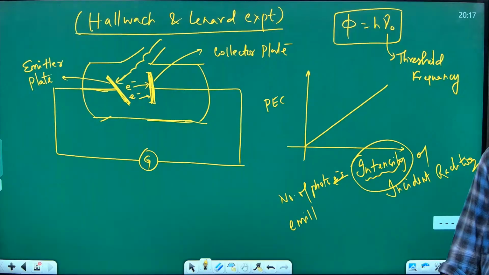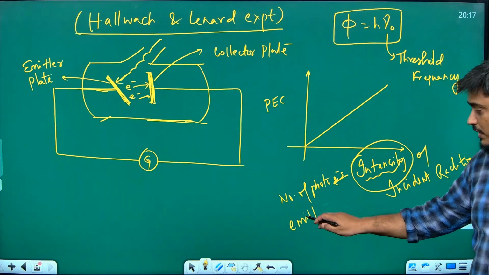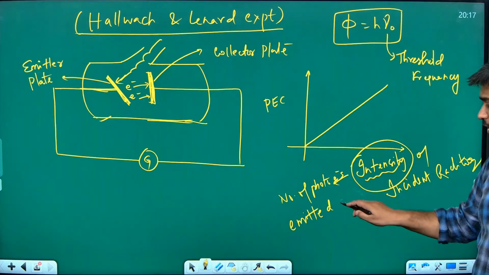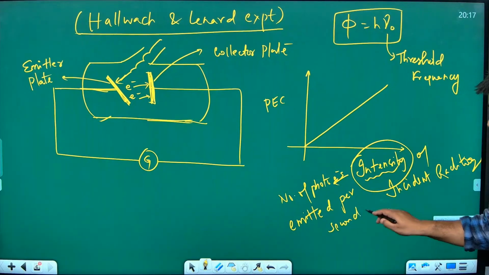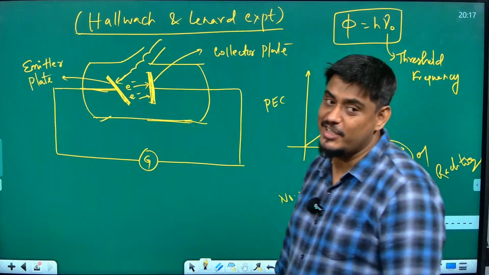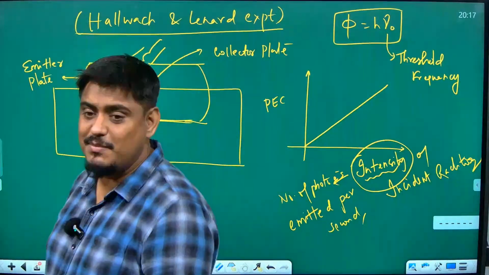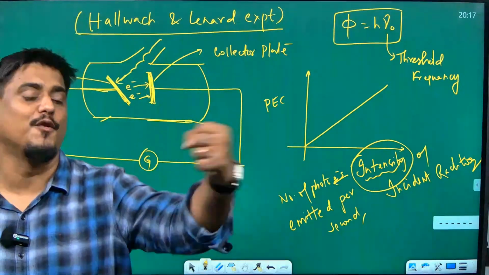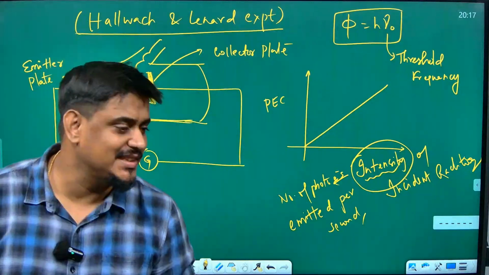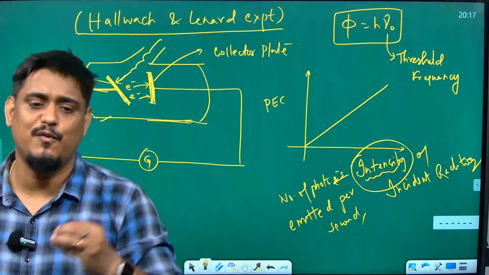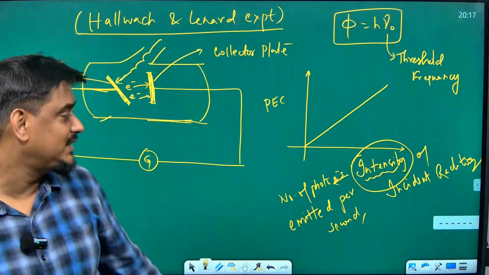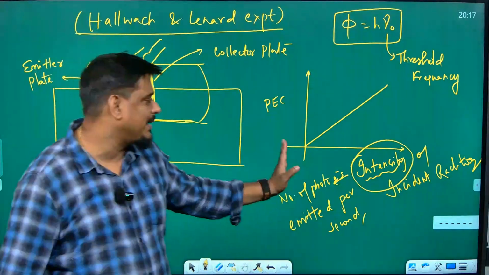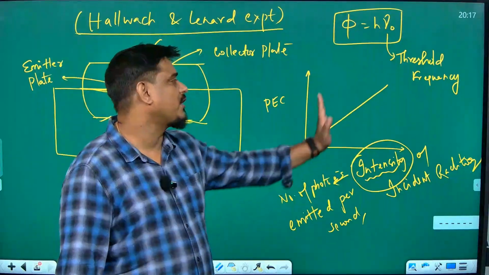Very important. See, keywords are damn important here. The number of photoelectrons emitted per second is controlled by whom? It is controlled by the intensity of the radiation. More intensity means more photoelectrons emitted, and less intensity means fewer photoelectrons emitted. And since more photoelectrons are getting emitted as intensity increases, current also increases.